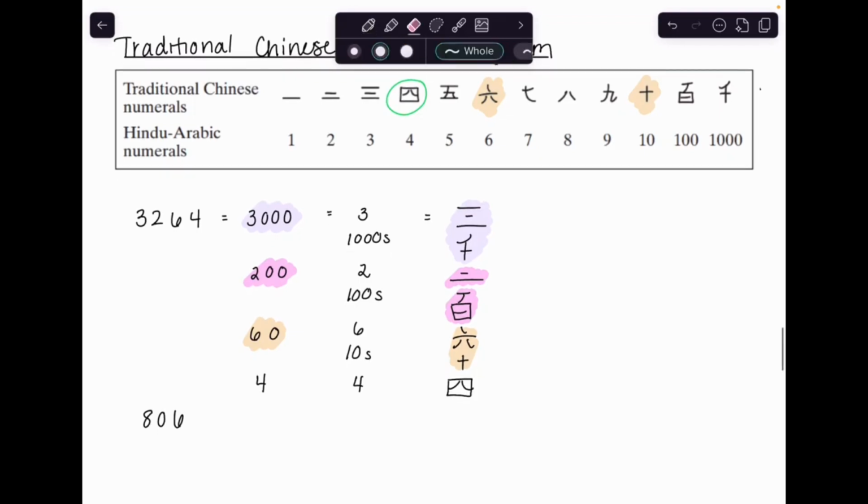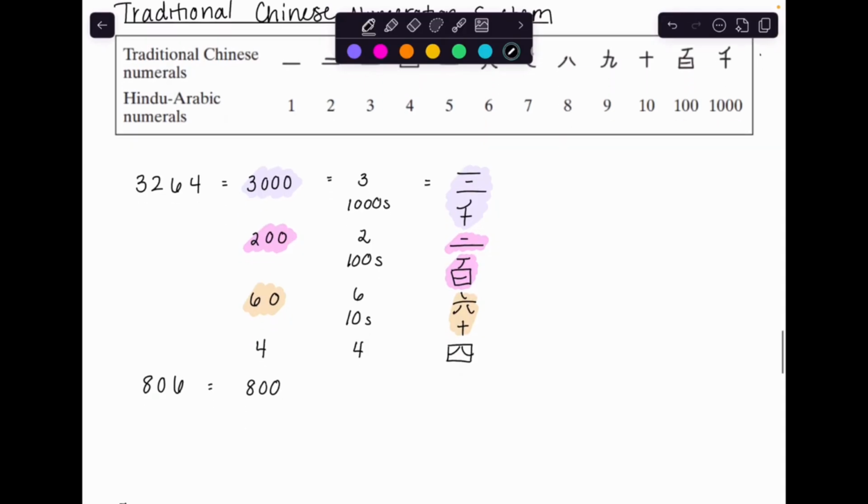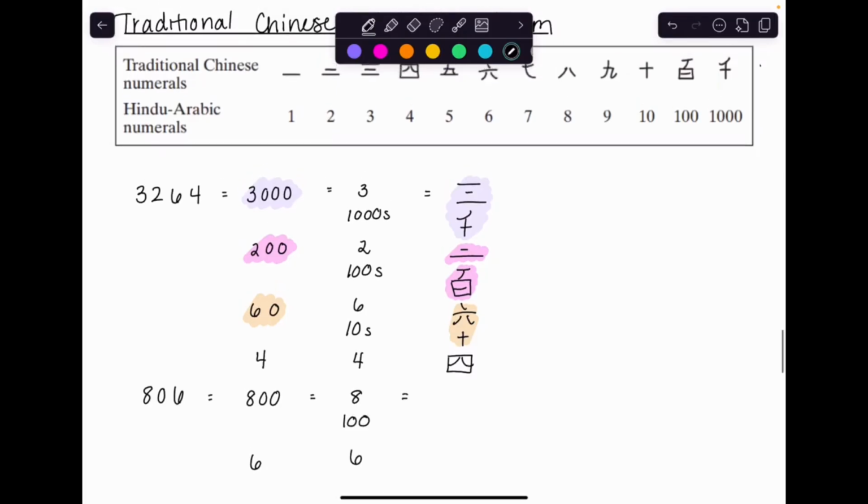To show you how nice it is because of not needing placeholders for 0, if you want to do 806, you again break it down on those placeholders. You have 800, you have no 10, so I don't need to write anything. My next number is really just 6. So you have 8 100s and then a 6. So going through those different symbols, 8 looks like this.